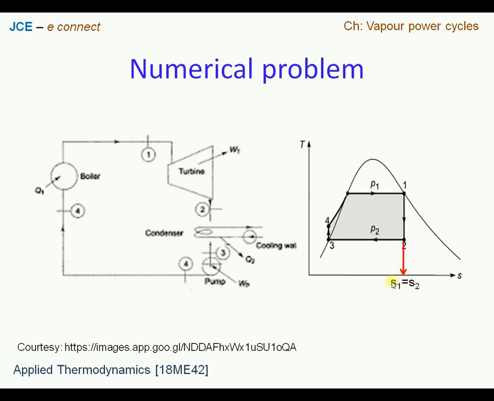Please remember that in the turbine, if it is an ideal process, it will be isentropic, where S1 will be S2 all the time.